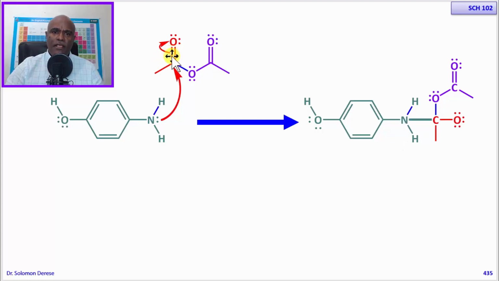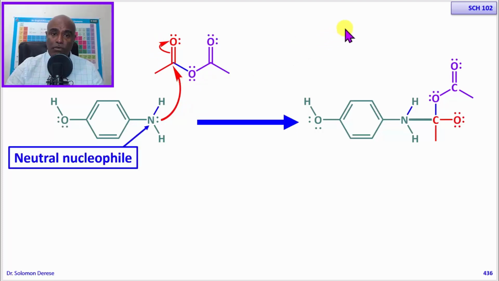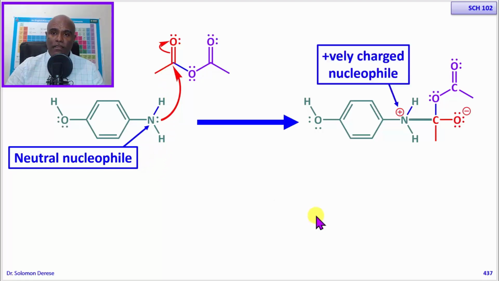And then here, since the electrons of the pi bond have moved to the oxygen, the oxygen becomes negatively charged. So this is a neutral nucleophile. When it uses its electrons to form a bond with an electrophile, this nucleophile becomes positively charged. Of course, the other atom, this oxygen, becomes negatively charged.